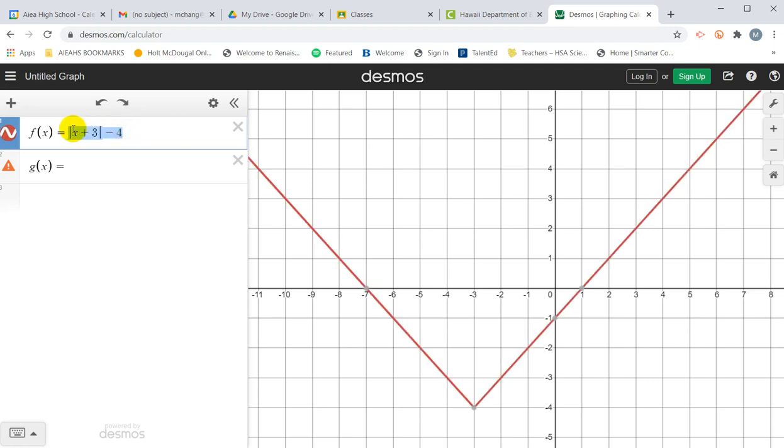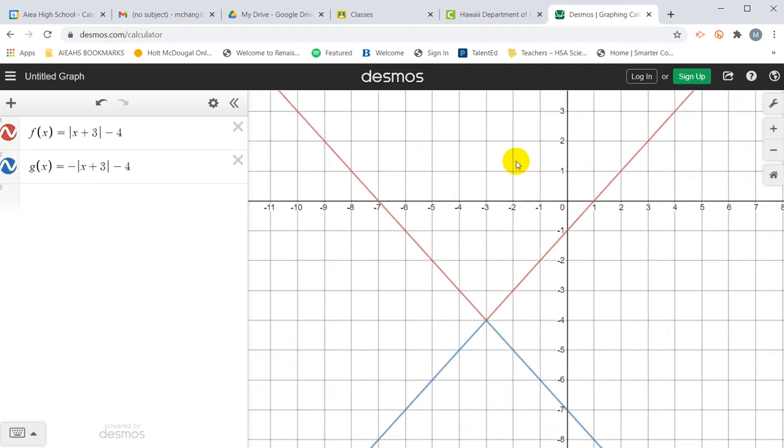If I took this here, and then I put a negative in front, as you can see, if I toggle it, it flipped it across that specific axis right there.